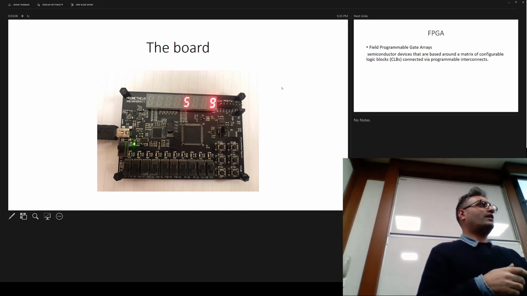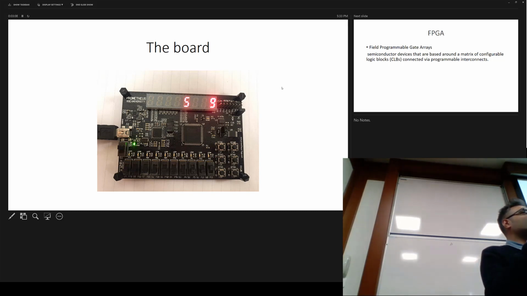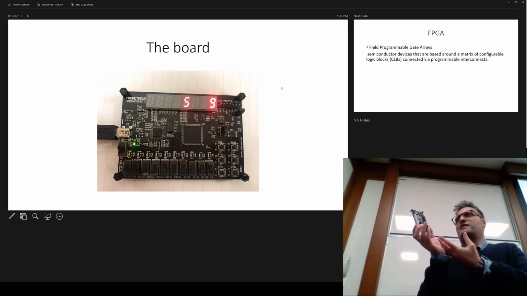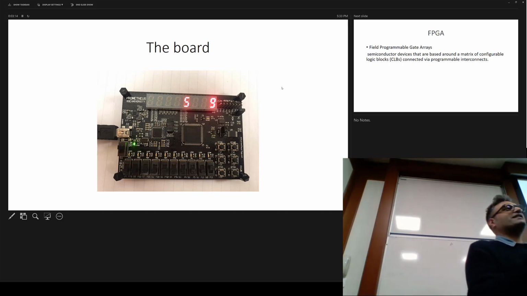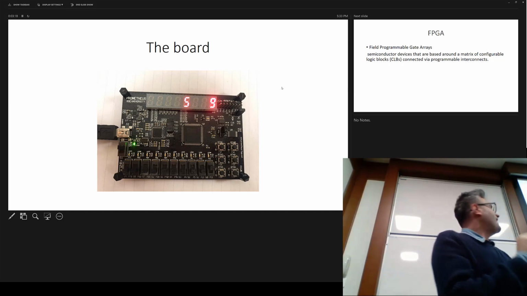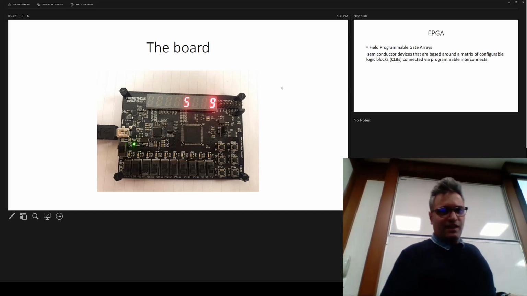So please be careful about these guys, because up to now we have always had excess amount of these. For this semester there's just as many as the number of students.